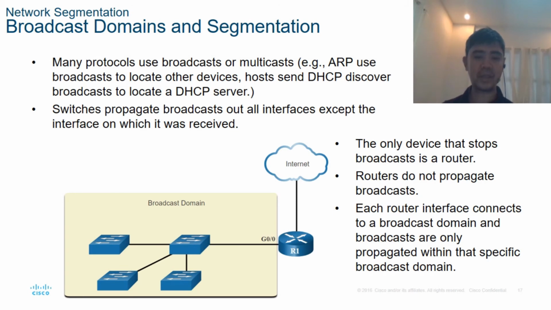Very important in a given local area network is managing the broadcast domain. When we say broadcast domain, these are the areas where broadcasts occur. For example, if you have 100 computers versus 1,000 computers, there is too much broadcast in a 1,000-computer network versus a 100-computer network, and that is a big problem.